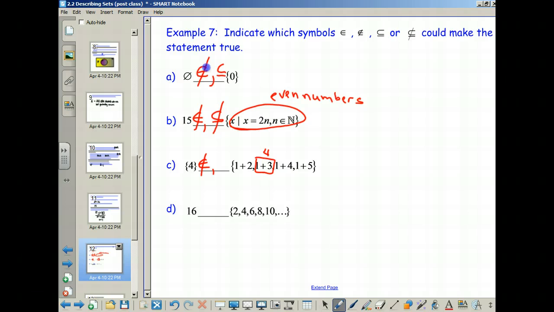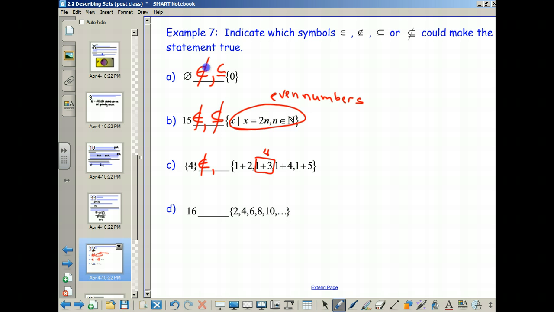Or if we had curly braces around each one of the items inside of this, then it would be an element, and that would be fine. But that's not what we have here. It's a notation issue. The left-hand side of this expression on the board right now is a set with 4 in it. It's not the element 4 by itself.